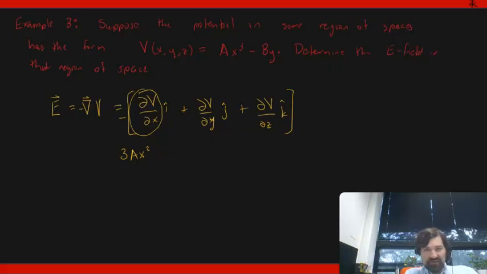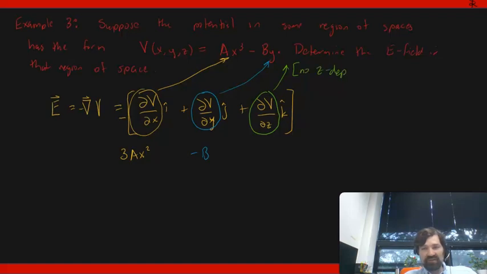This term right here is taking only the derivative of the y terms, so we're looking at this term right here, and that is just going to give me minus b. And then the last term here is taking a derivative only with respect to z terms. There are none, so no z dependence, and what that means is that this term actually equals 0.